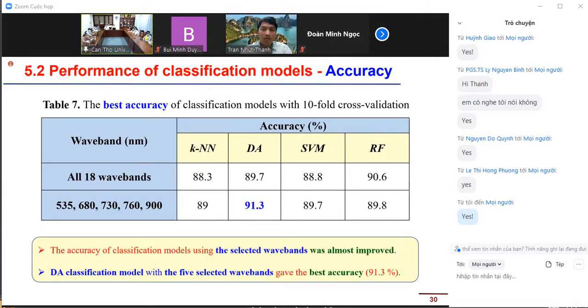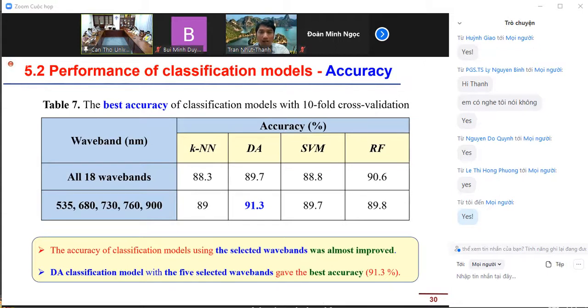First, I will show the result of the best accuracy of classification models using 10-fold cross validation with 2 sets of wavebands. One set is all 18 wavebands, and the other one is with 5 selected wavebands.